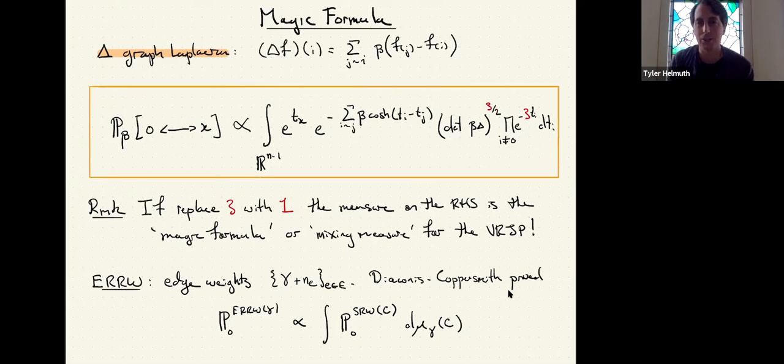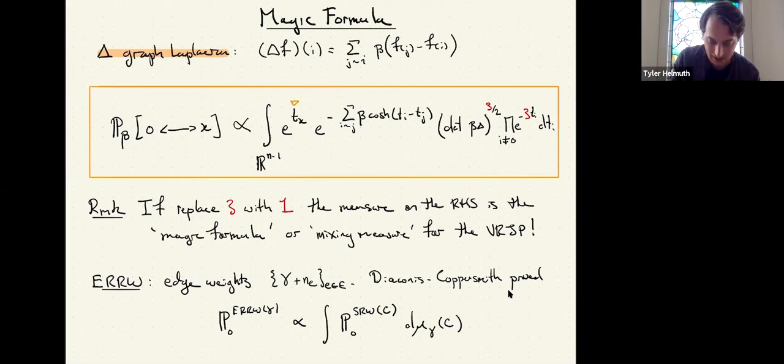It's kind of long, so let's parse it together. It says that if I want to look at the probability 0 is connected to x in the arboreal gas, then up to some normalization that I haven't written down, you just have to compute this integral over Rn, and you get the answer. Okay, so let's do it a little more slowly because that's probably still too fast.